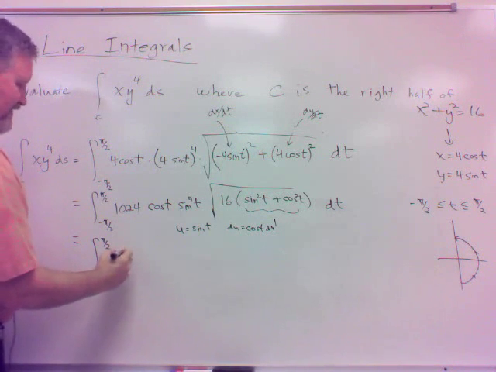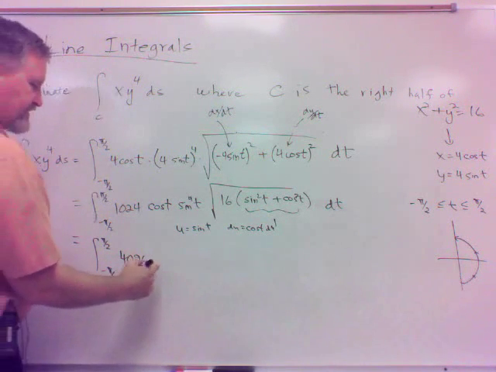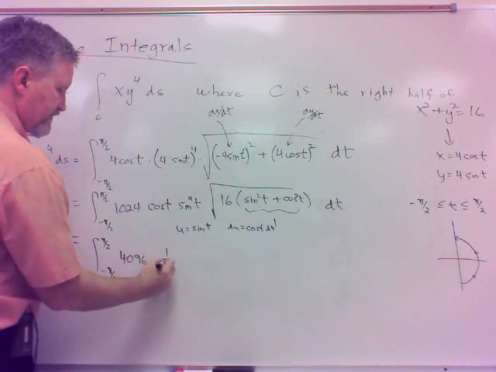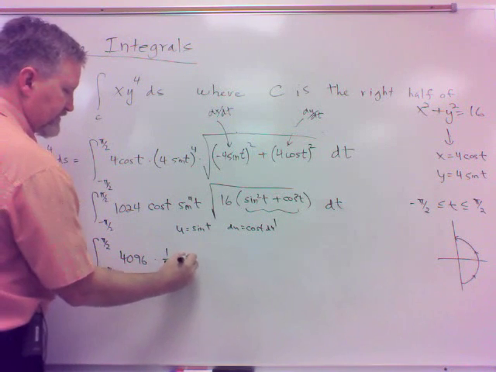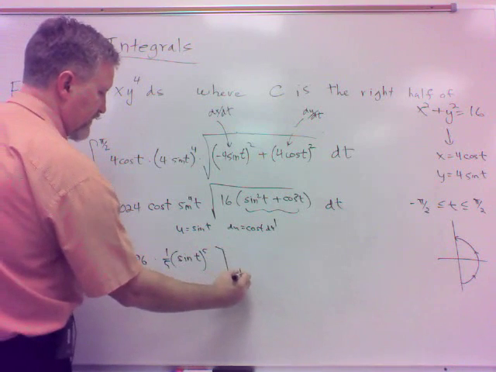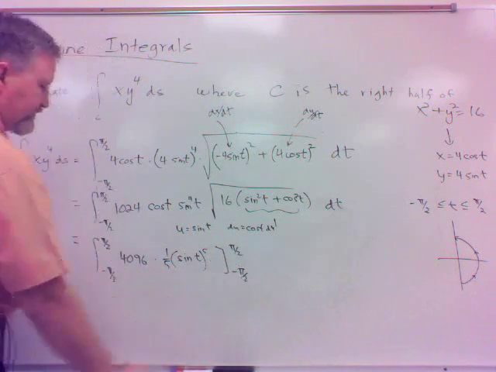What is that, 4,096? So we have 4,096 u to the 4th, so it'd be 1/5 u to the 5th, so 1/5 sine to the 5th t, from negative pi over 2 to positive pi over 2.